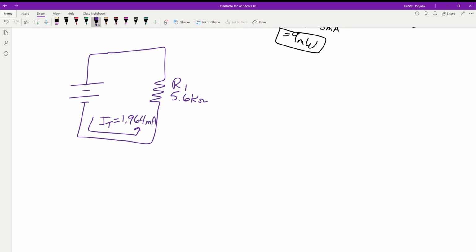And we're given a current total of 1.964 milliamps. We need to know how much is our voltage.